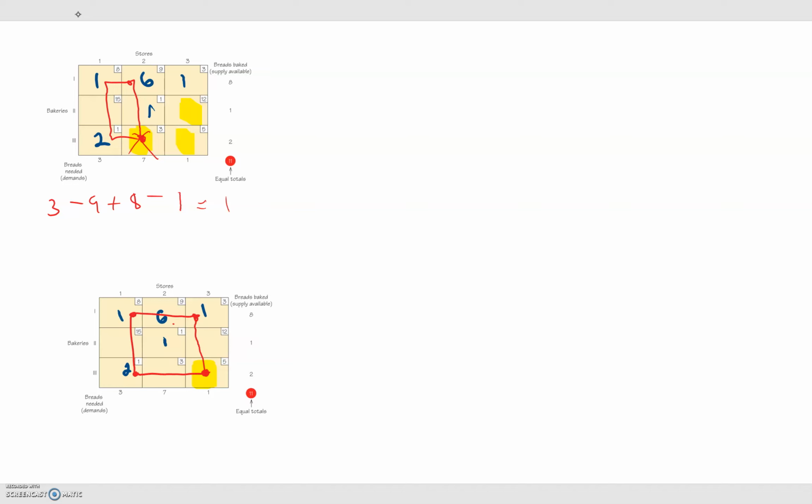So that will work. That one would be 5 minus 3 plus 8 minus 1. And that is positive. I can tell that's positive. So that's no good, and that's the only circuit that I could even do there. So that means this cell is out of the running.